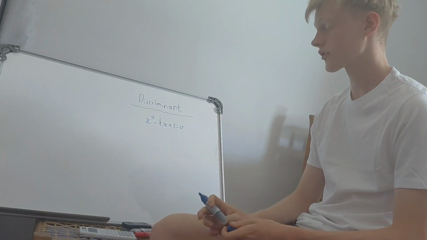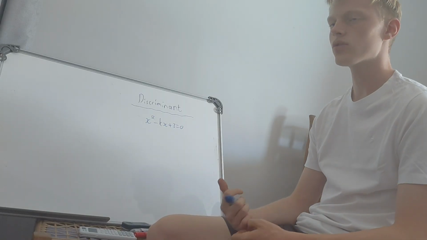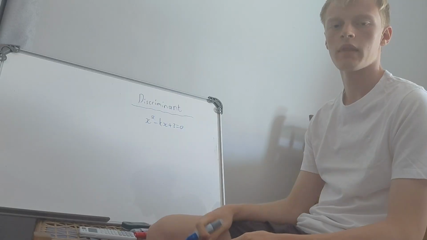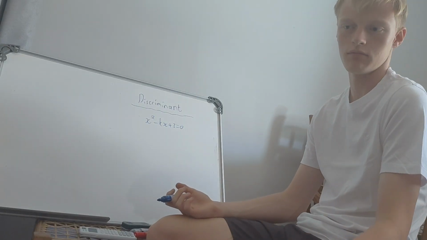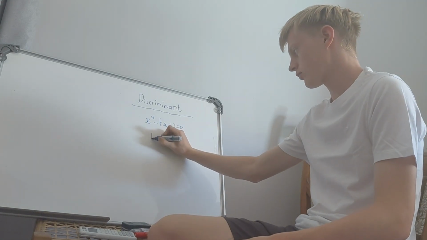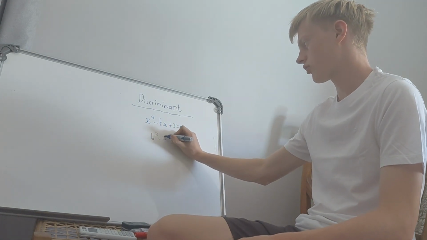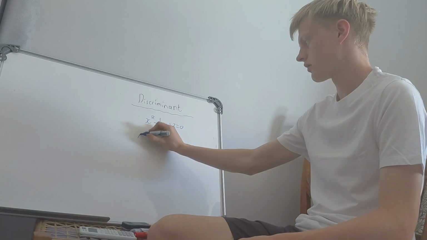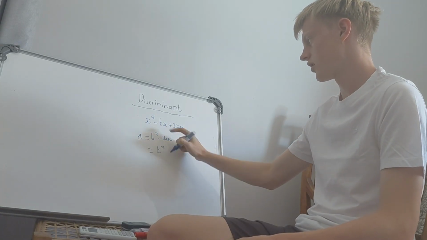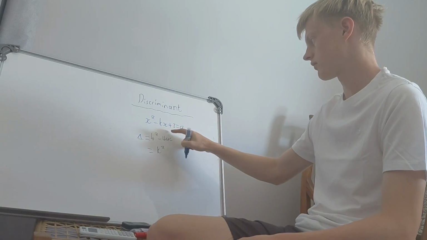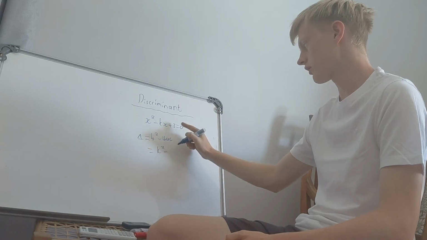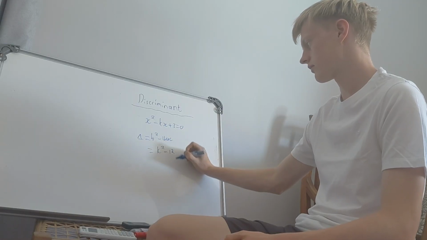And the question asks you, for what values of k will this quadratic equation have only one root? Let's say 1 root. So you would find out what is the discriminant in terms of k. It's going to be equal to k squared minus 4ac. Here a is 1 and c is 3, so that is just minus 12.